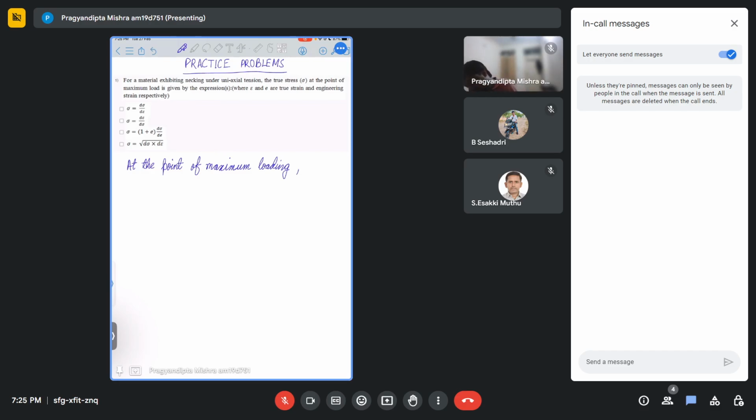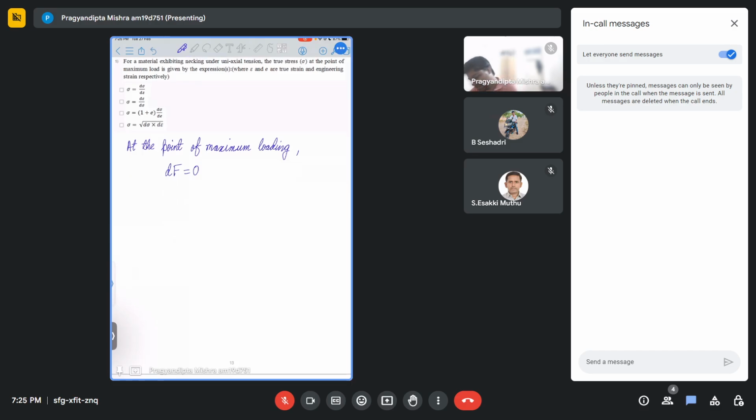We will have dF equal to 0, right? We already discussed why: the force is maximum, so the slope dF will be equal to 0.